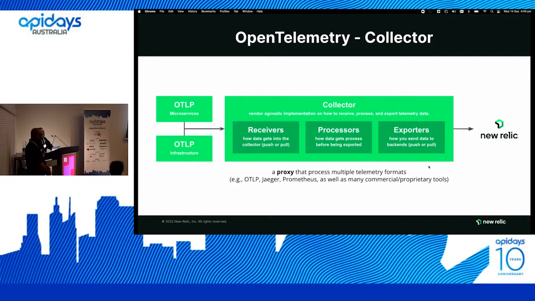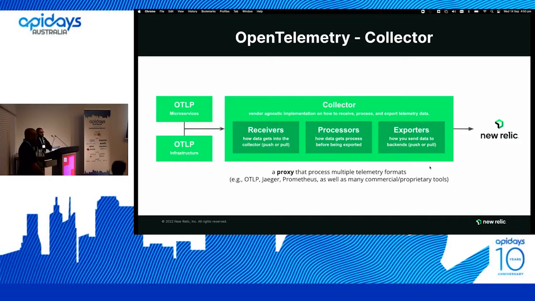With OpenTelemetry, there's a concept of a collector. On the left-hand side, we have OTLP, which stands for OpenTelemetry Protocol. That can collect data on microservices, so your applications, but it can also collect infrastructure data as well. For example, how are those services actually running on the underlying Kubernetes environment?